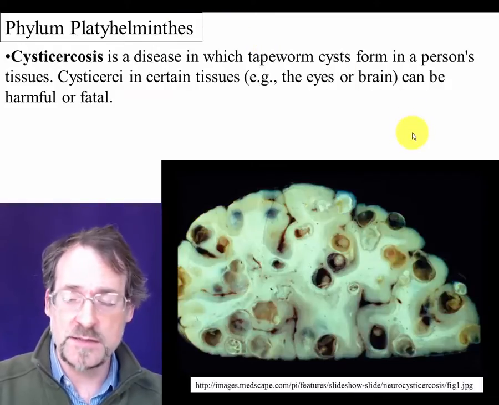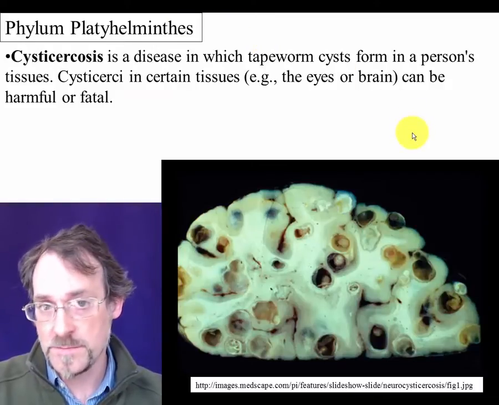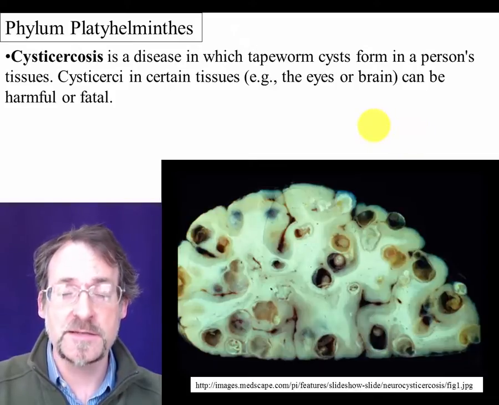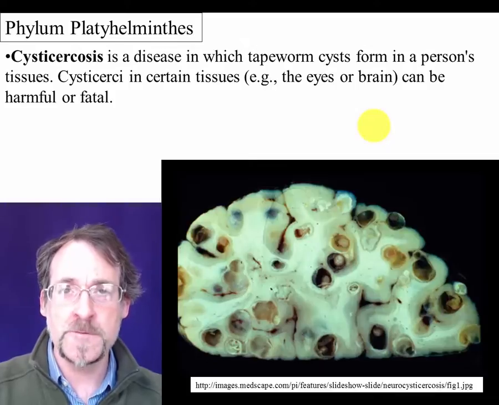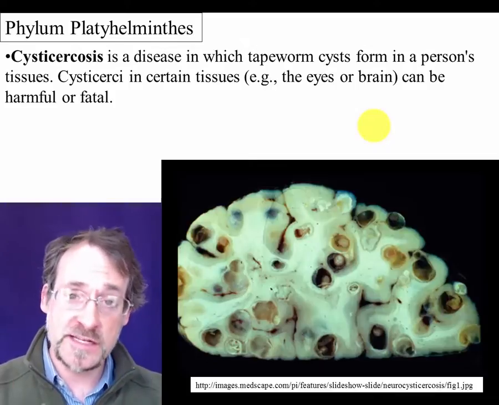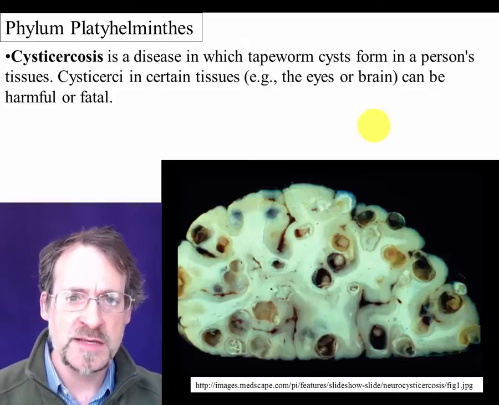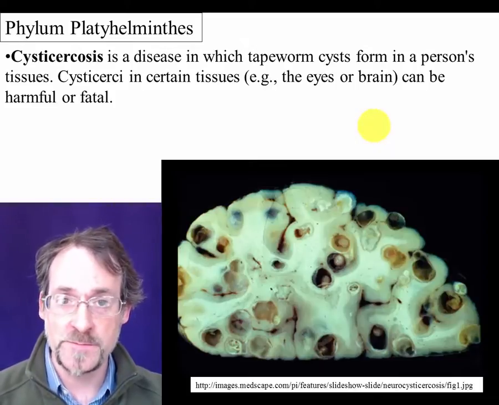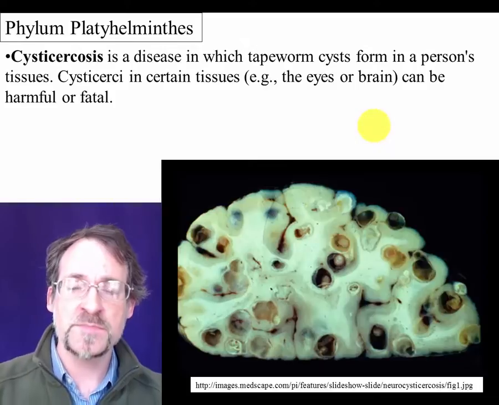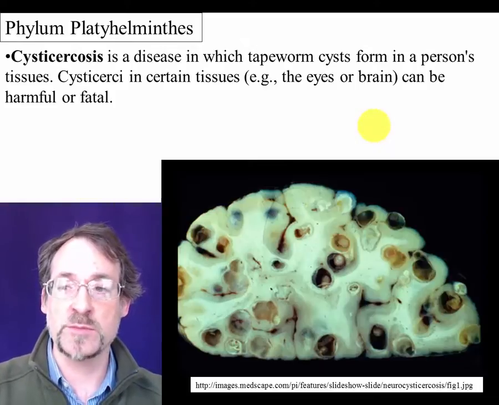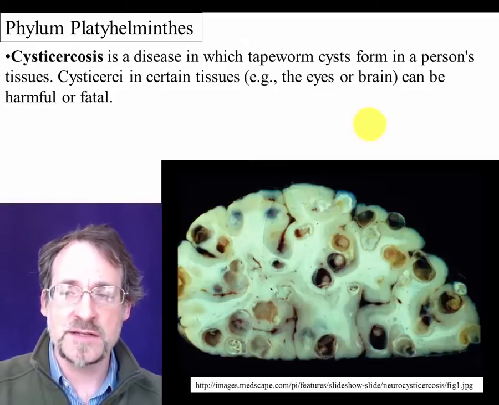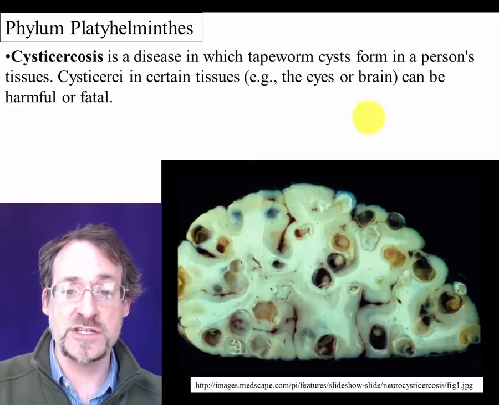Tapeworms can be a serious threat to human health. They also can become encysted in parts of their host. And if you get the wrong kind of tapeworm in your body, it can try to encyst itself in places that are not appropriate. In particular, some species of tapeworm will try to form cysts in the eyeballs or the brain. And when these cysts form in the brain, it can not only be harmful, but it can actually kill you.